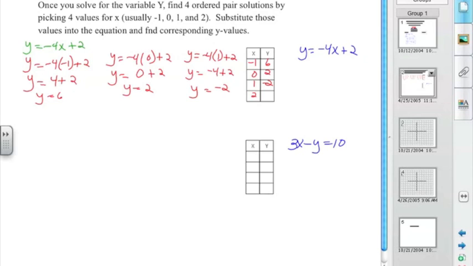And then we'll do this finally a fourth time, but this time we will substitute in 2 for x, and simplifying it, negative 8 plus 2, and we get y equals negative 6. So when x is 2, y is equal to negative 6. Now, you might be looking at that and seeing the positive 6, the positive 2, the negative 2, and the negative 6, and notice a pattern that way. That's a coincidence. It just happens to work out that way for this example.